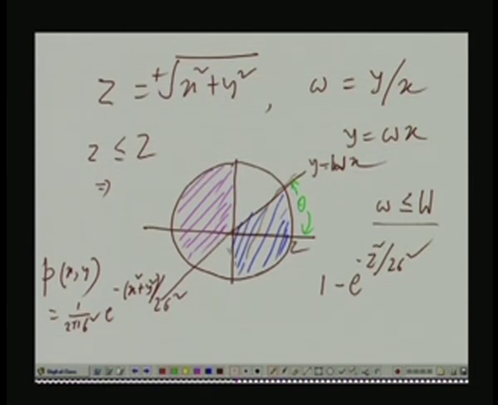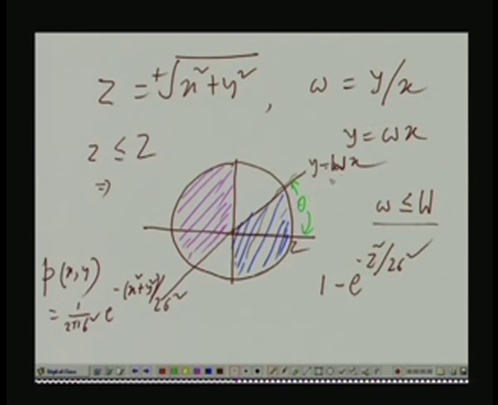First, how much is this angle? This angle is pi by 2 plus theta. What is theta? Theta is tan inverse capital W, because tan theta is the slope. Slope of the straight line is capital W. So what is theta?